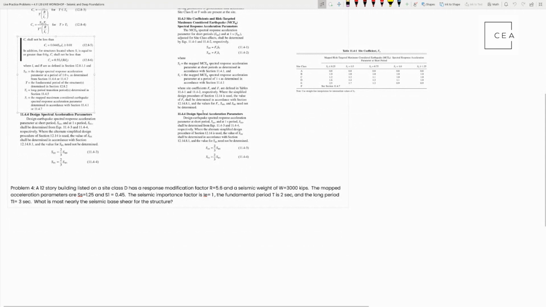And then lastly, I don't know if I hit this, but you've got these design spectral acceleration parameters of SDS and SD1 for the short term and the 1 second duration. And those are the equations for those.